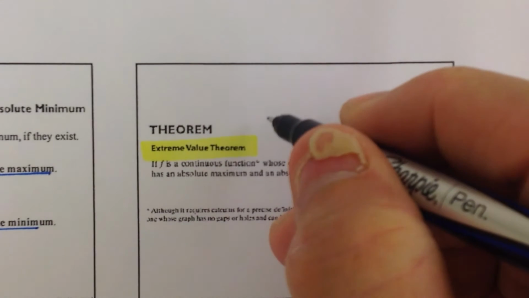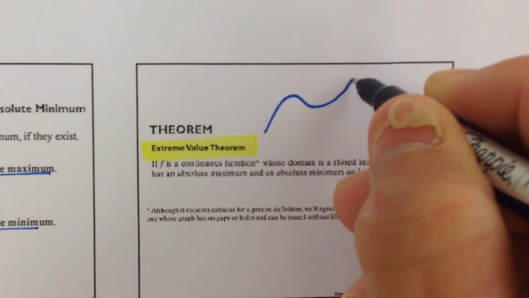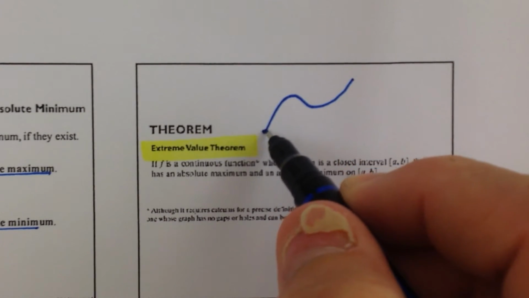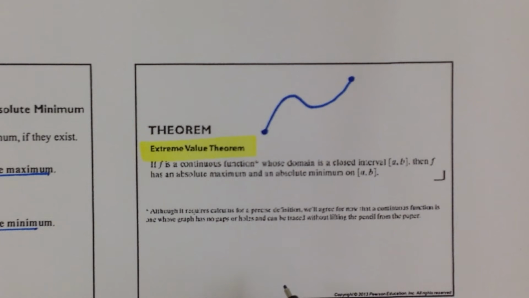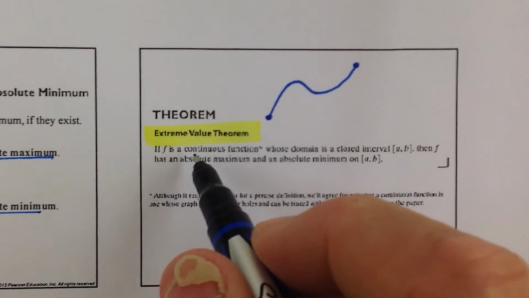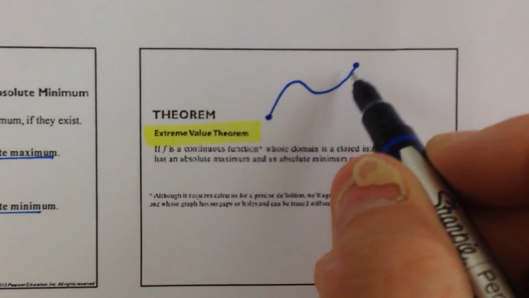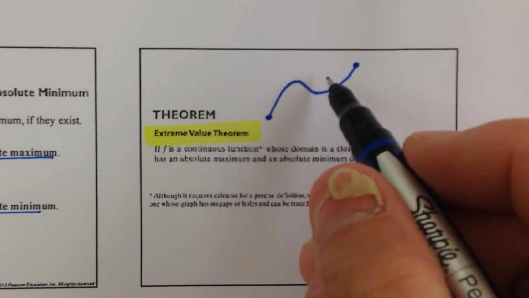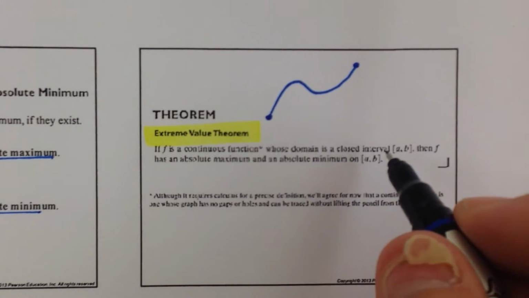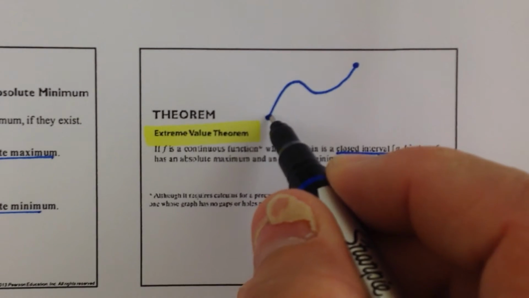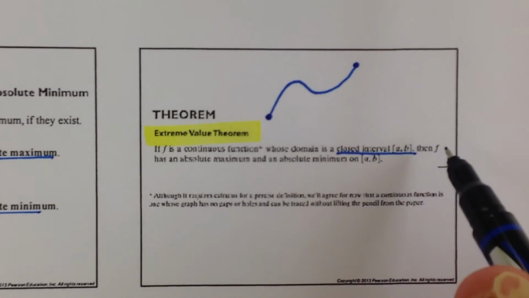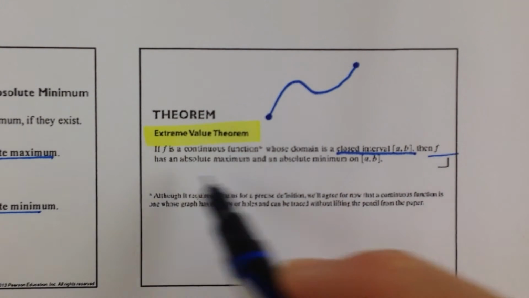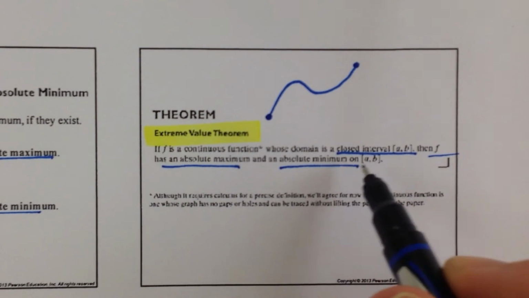If f is a continuous function, basically for now until we get to calculus, a function you can draw without lifting your pencil or pen, meaning there are no breaks in the graph, no asymptotes or anything like that, on a closed interval from a to b, so it has an endpoint on the left and an endpoint on the right, then for sure f is going to have an absolute max and an absolute minimum value.